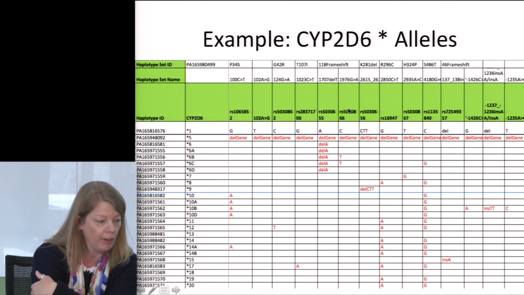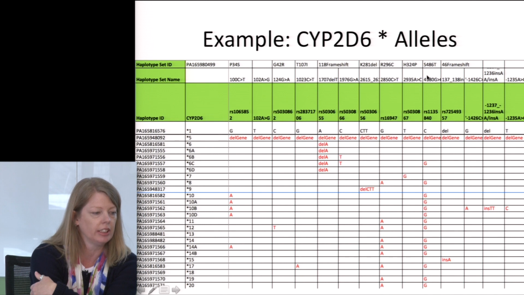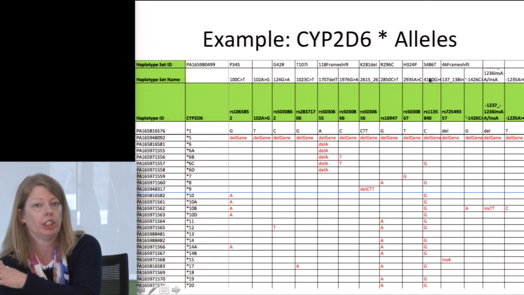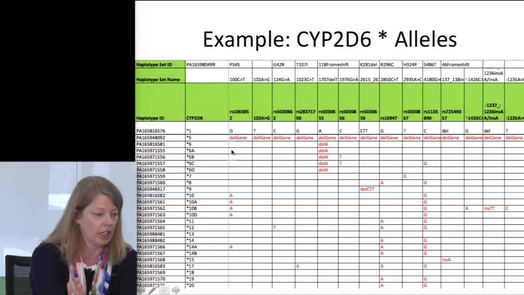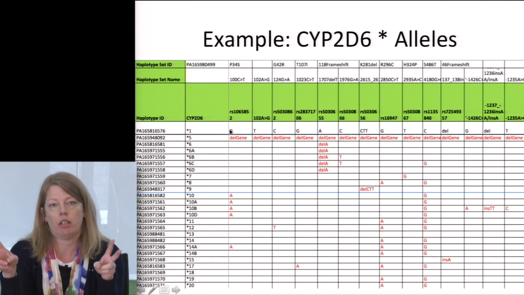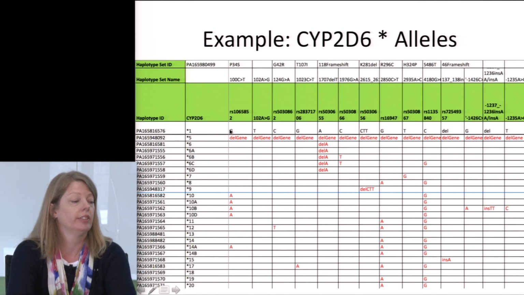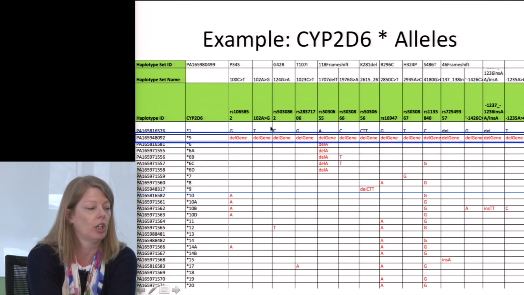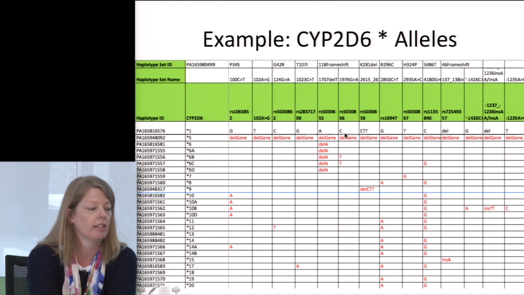And then across the top, I have the RSIDs and the changes, the nucleotide changes or amino acid changes for particular variations in this gene. And this is like a grid to show you, in the first row, star 1 is considered the wild type form of CYP2D6. And for each of these locations, each of these potential changes in the gene, I give you what star 1 has at that particular location.